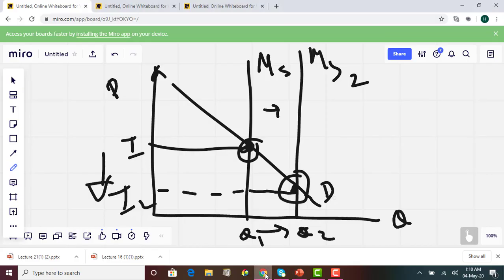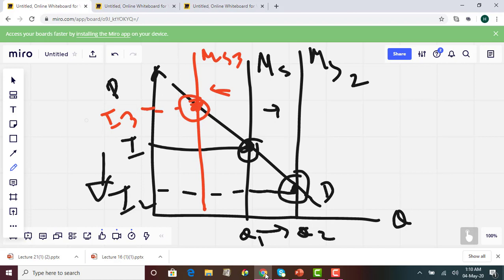Again, going back to this curve, if money supply decreases, the curve will shift to the left. What happens to your interest rate now? As a result, the interest rate goes up, right? Because the money supply is going down, the interest rate is going up.